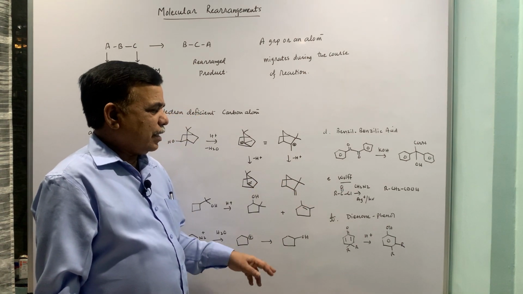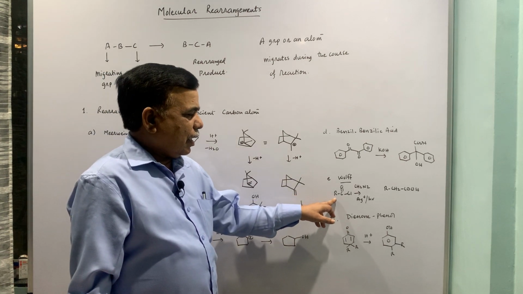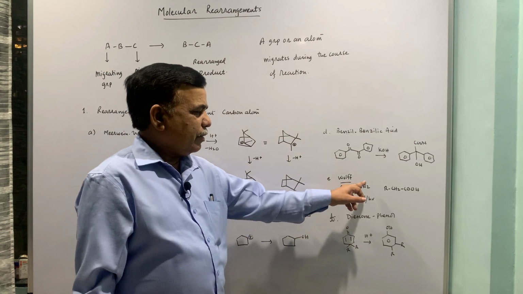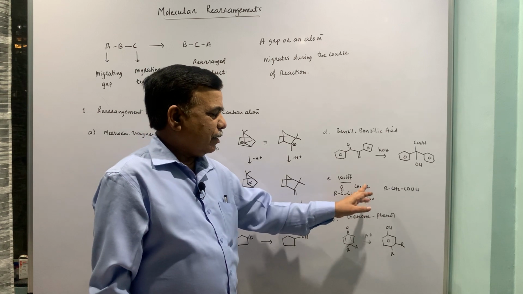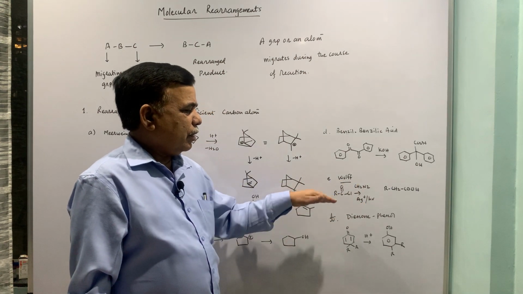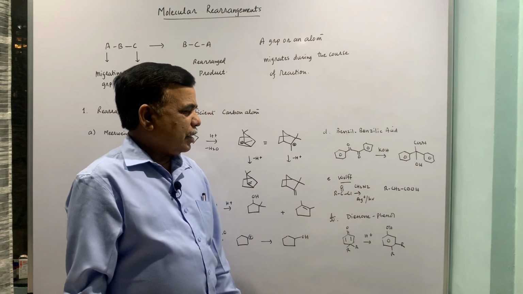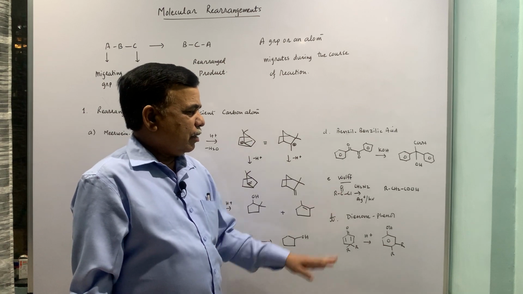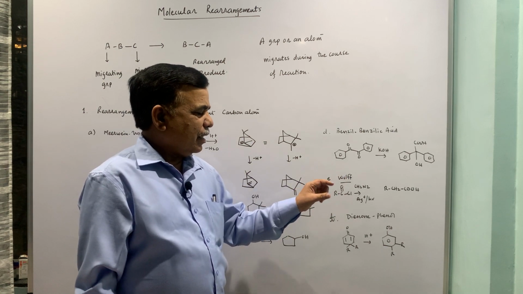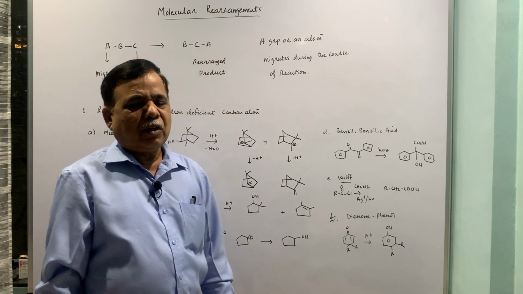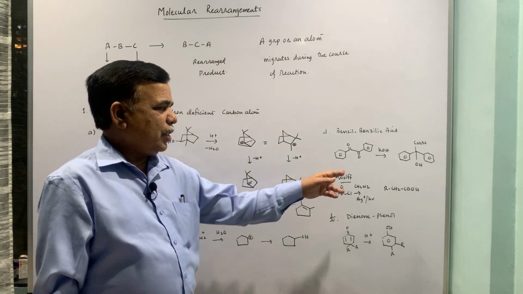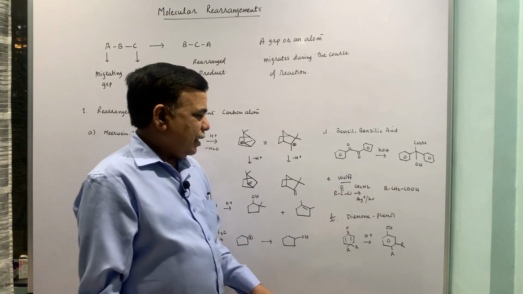So that is Wolff rearrangement. RCOCl, the acid chloride treated with diazomethane, gives you the diazoketone, which on treatment with Ag plus, or photolysis, gives you ketene, and that ketene on hydrolysis gives you the homologous acid.